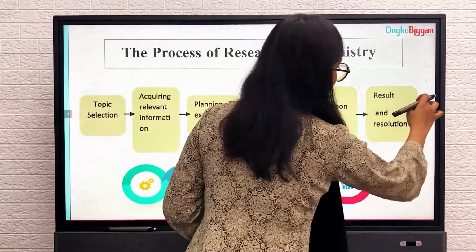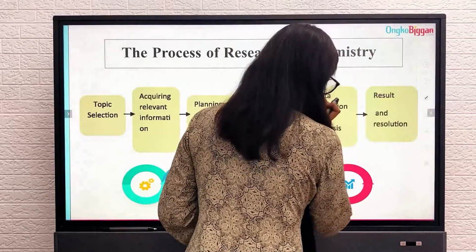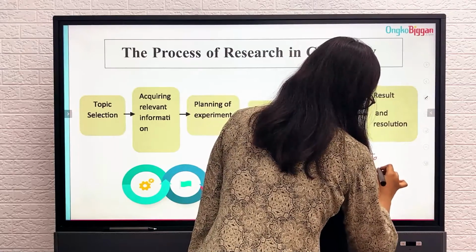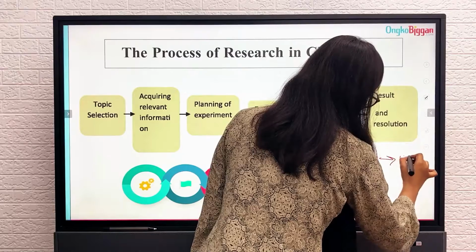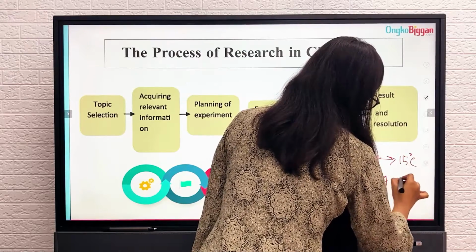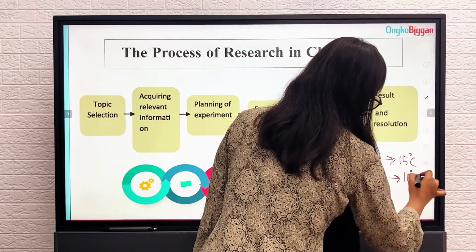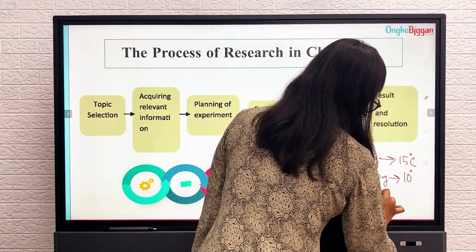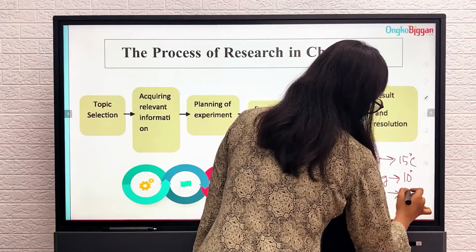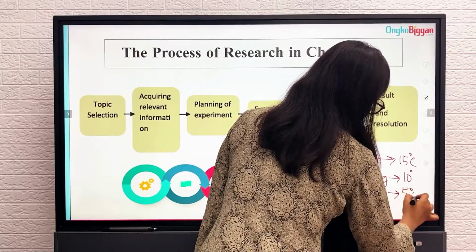Let me make this clear by writing it. When we add 5 grams of ammonium chloride, the temperature is 15. When we add 10 grams, it's 10 degrees Celsius. When we add 15 grams, the temperature is 5 degrees Celsius, let's say.